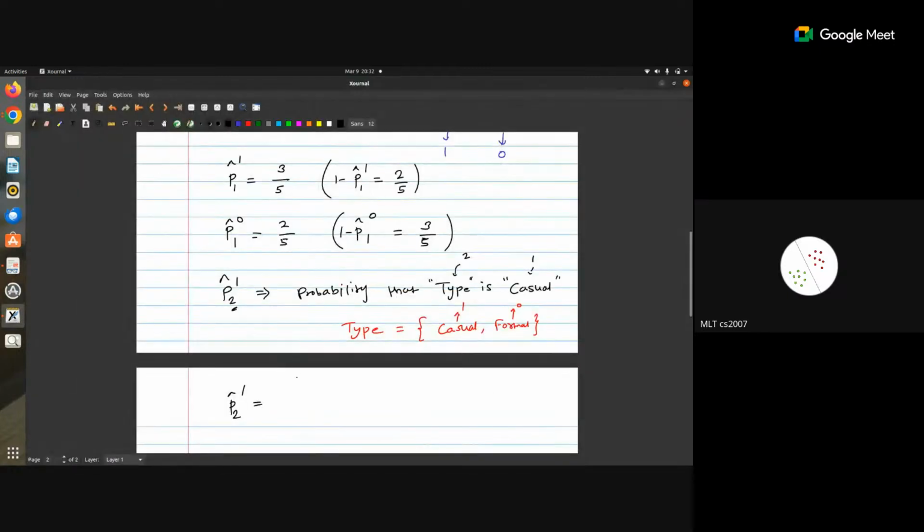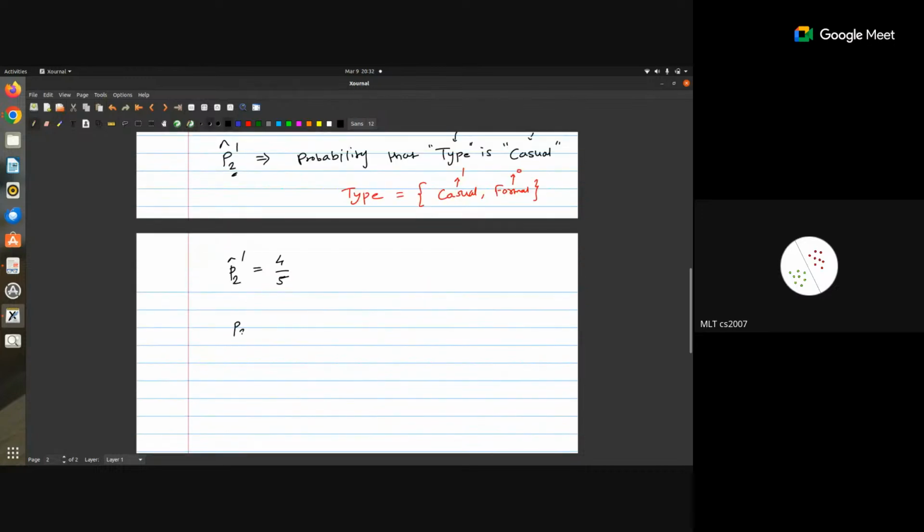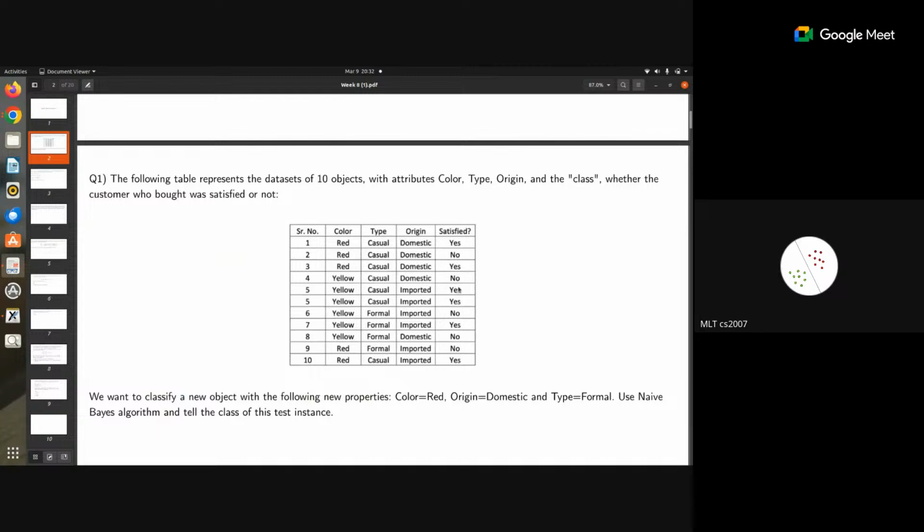And P2 hat 0 is when the label is no and the type is casual. That is 2 by 5: no 1, no 2, okay, 2 by 5.